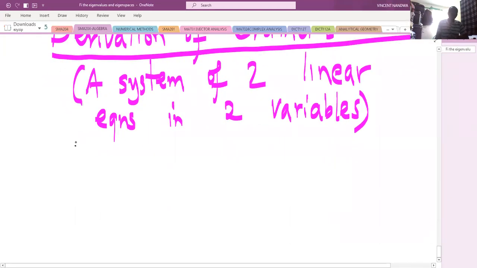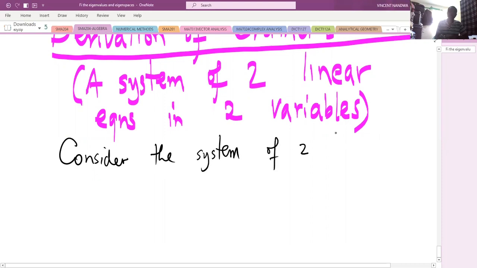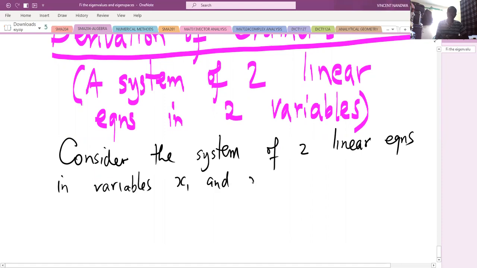So consider the system of two linear equations in two variables, x1 and x2, given below.